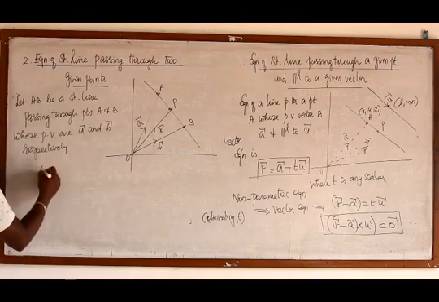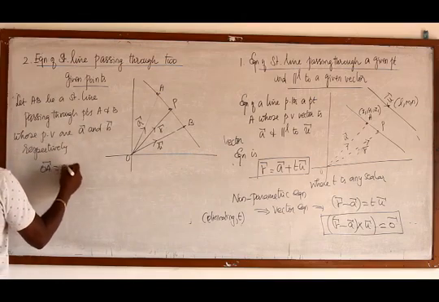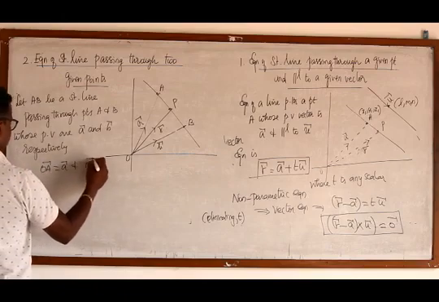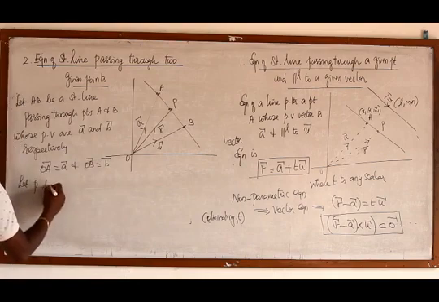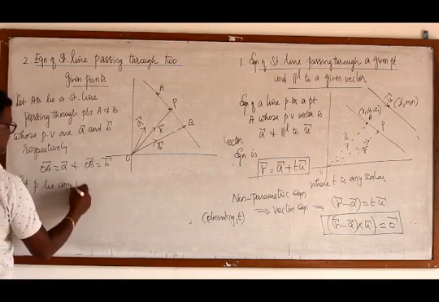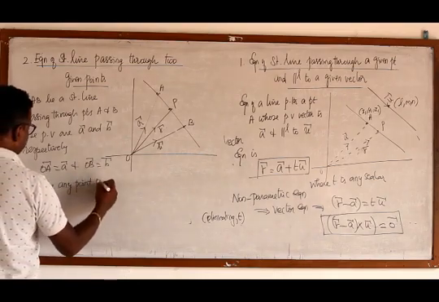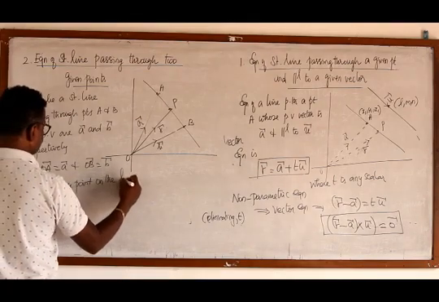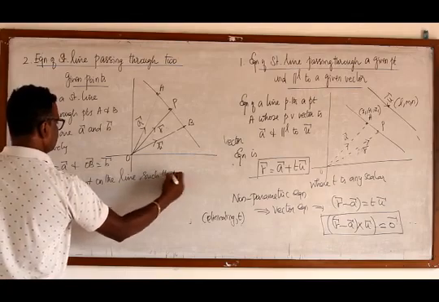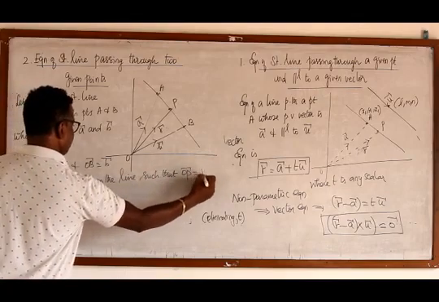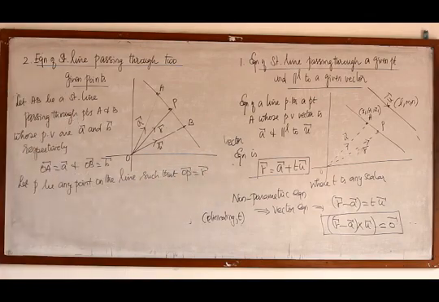That is, OA vector equal to a vector and OB vector equal to b vector. Let P be any point on the line such that OP vector equal to r vector.